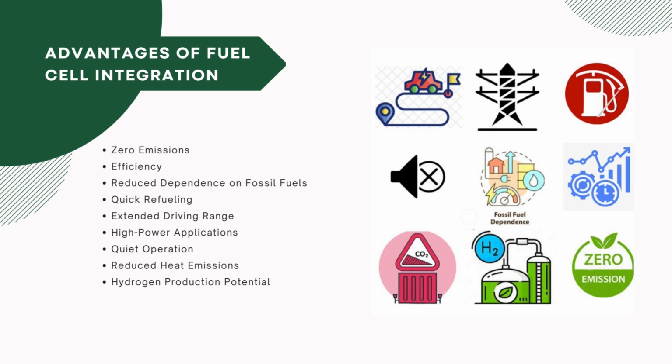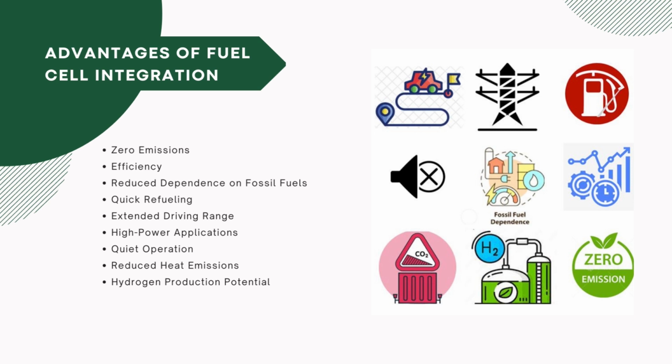Third, we have reduced dependence on fossil fuel. Hydrogen, the primary fuel for fuel cells, can be produced from a variety of sources including renewable energy and natural gas. This diversification of fuel sources can reduce dependence on fossil fuel and contribute to energy security.